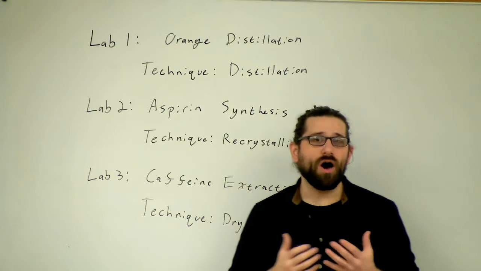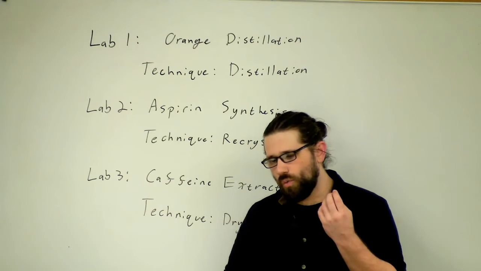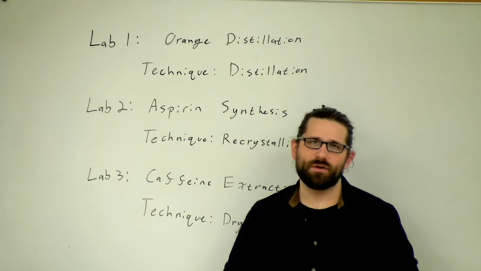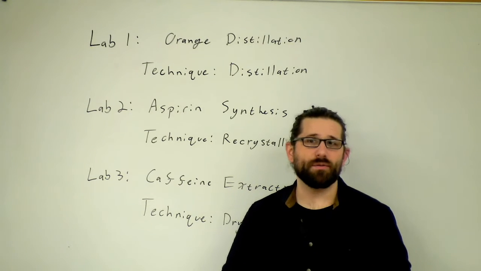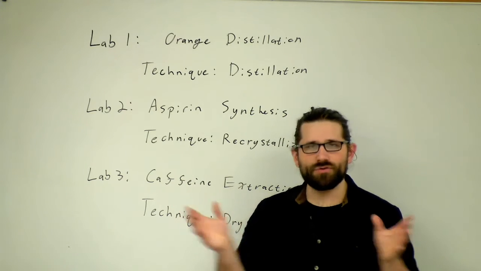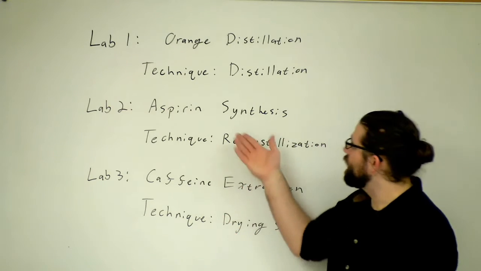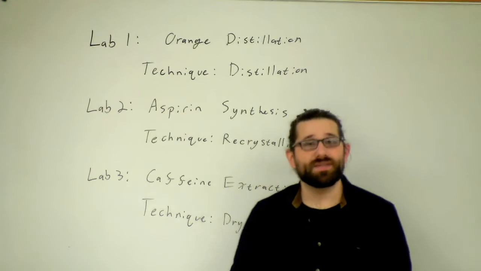In this technique, we often do some kind of laboratory reaction that will create a crude product where it's mixed with a bunch of different chemicals. And we're able to dissolve that product and all of those crude pieces in another solvent and then recrystallize the thing that we're looking for. So we'll learn that technique as well.